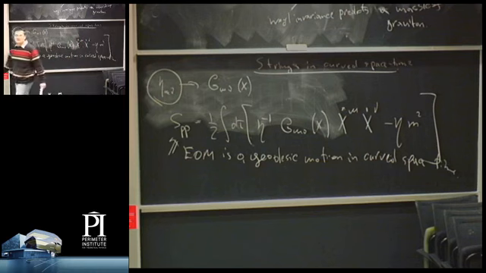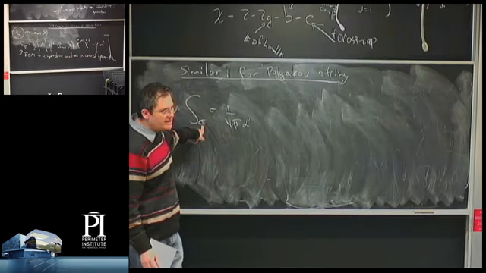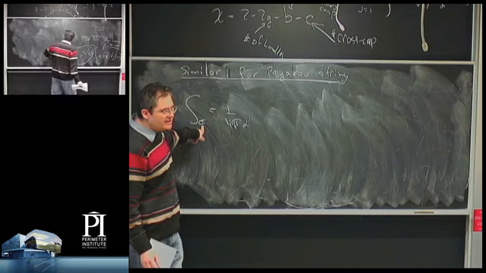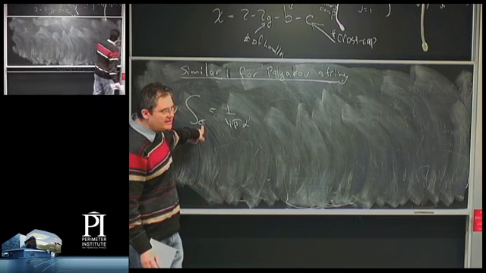Okay. So that's how you generalize the motion of a single particle. And it's very natural to do the same in the case of a string. Well, in some sense natural and simultaneously unnatural.